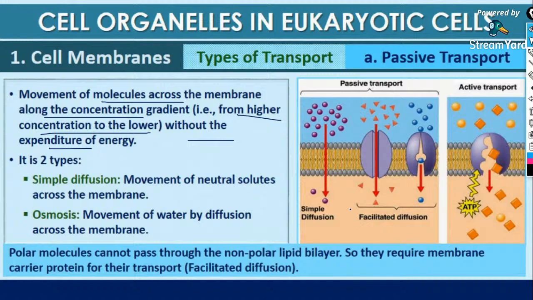That is known as passive transport, and it is of two types: simple diffusion and osmosis. Simple diffusion is the movement of solutes across a membrane, and osmosis is across a semi-permeable membrane. Osmosis occurs only in the presence of a semi-permeable membrane. Is it clear about passive transport?